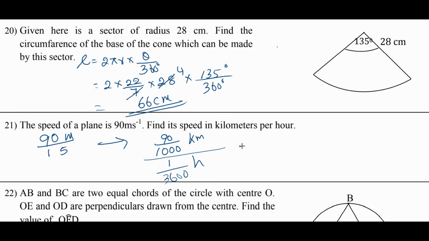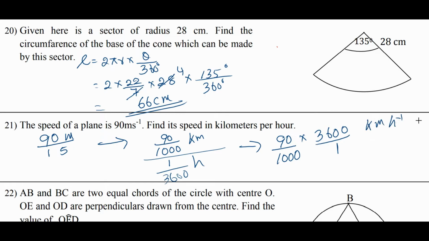Then we have to do the division of fractions. You know how to do it using the reciprocal method. 90 divided by 1000 into 3600 divided by 1, and this should be km h^-1.